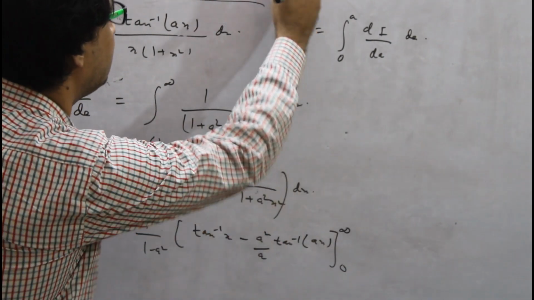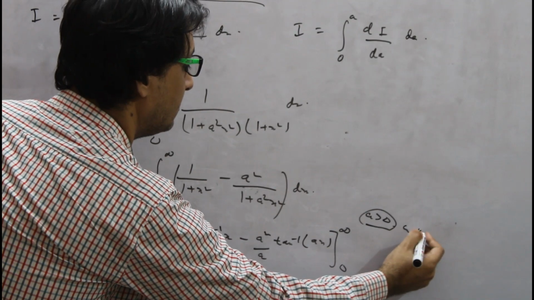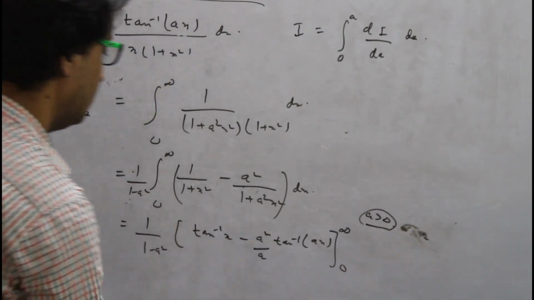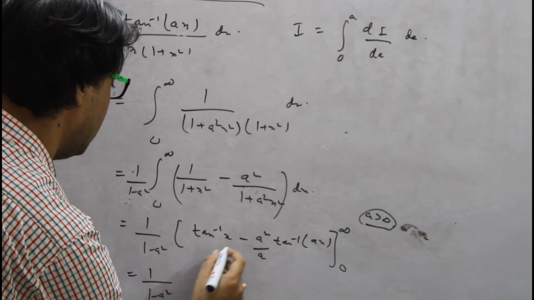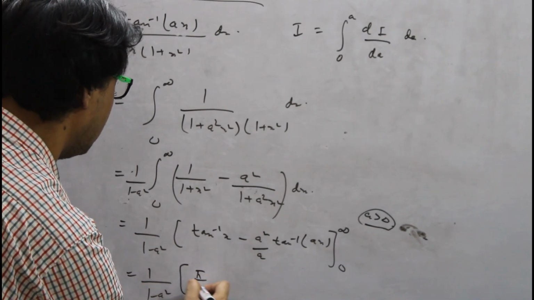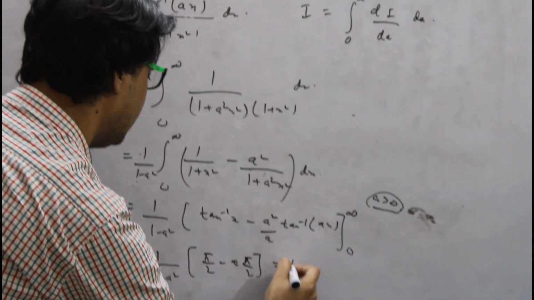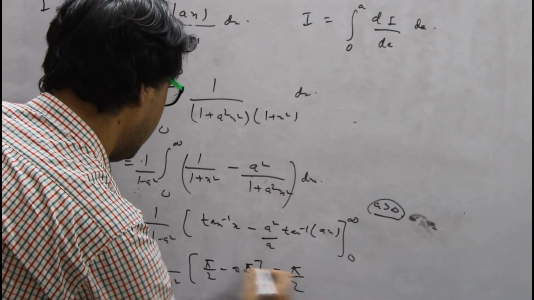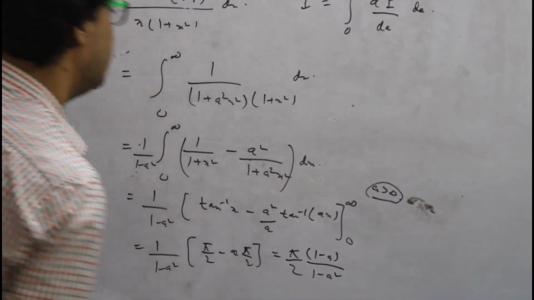So here we have to be vigilant. A is greater than 0, not less than or equal to 0. That's why we have to take the plus sign. So this becomes how much? Pi by 2. This becomes a, again pi by 2. We can take pi by 2 outside, and 1 minus a divided by 1 minus a whole square.